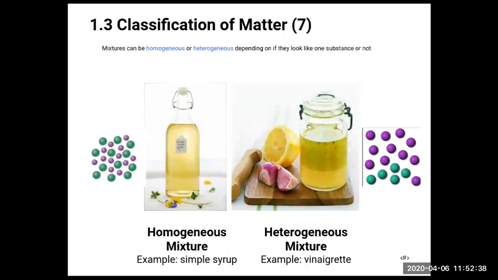When you have a mixture, you can classify mixtures as homogeneous or heterogeneous, depending on whether they look like one substance or not. On the left side here, we have a picture showing a homogeneous mixture of simple syrup, sorry.